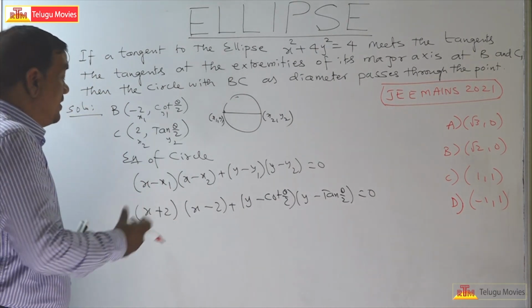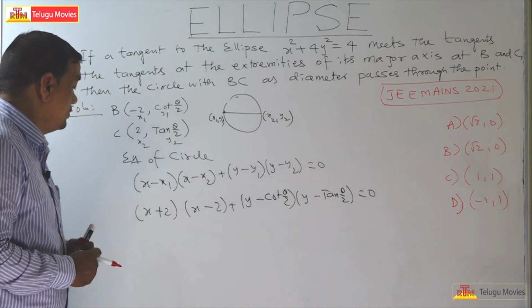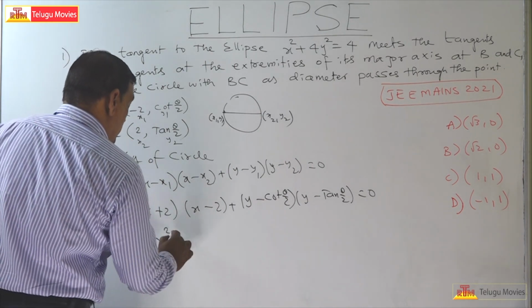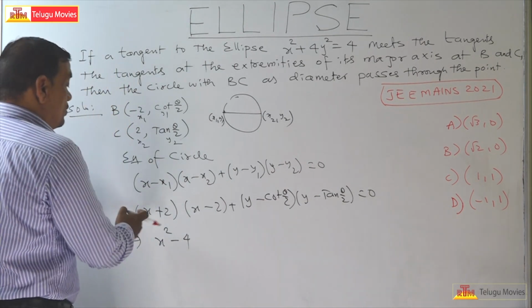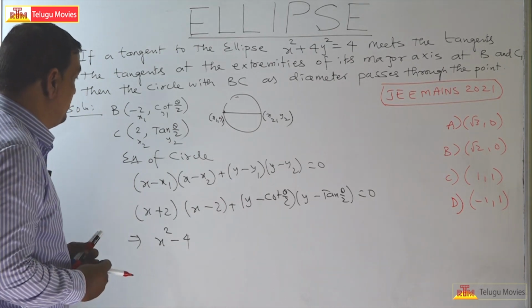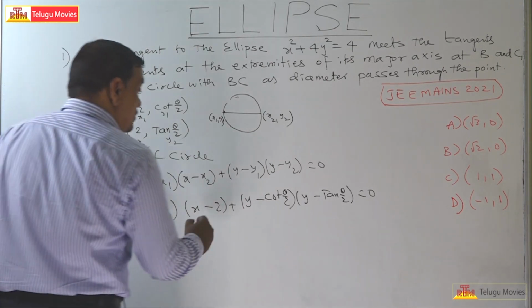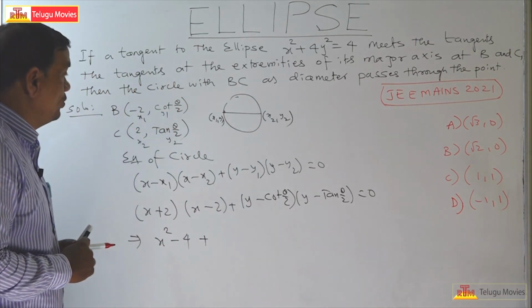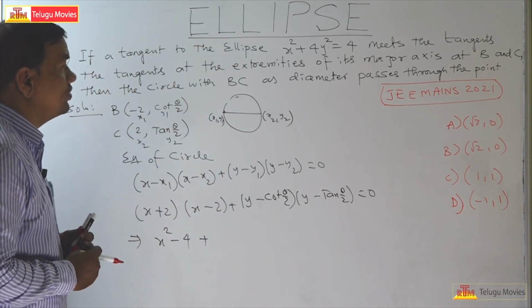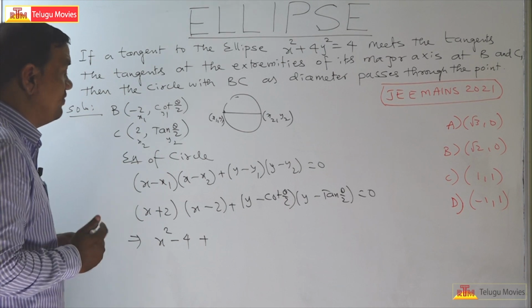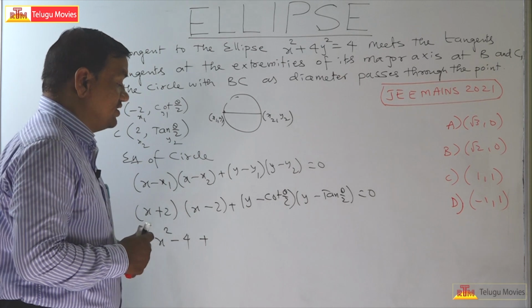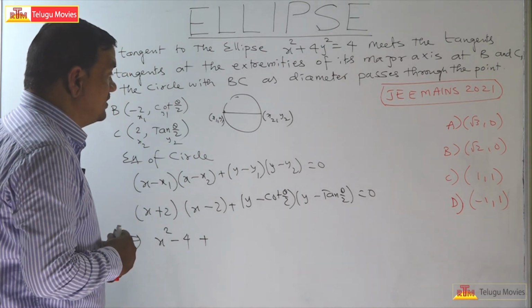Right, we can expand this and simplify. So this is x square minus 4, using (a plus b)(a minus b). Now if you do the calculation part, let us see the option verification, which option it satisfies.